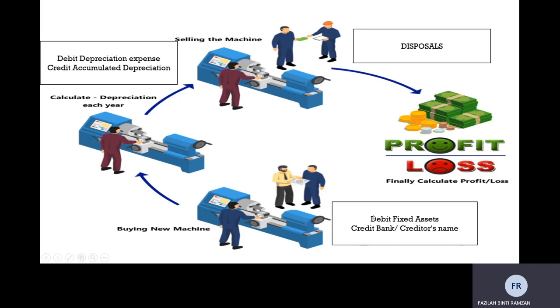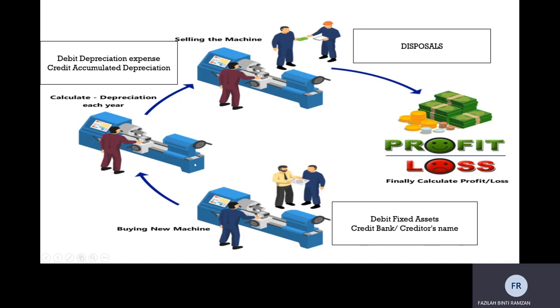Debit fixed asset means asset increase, credit bank means bank decrease, credit creditor means creditor or liability increase. That's why we have this double entry.